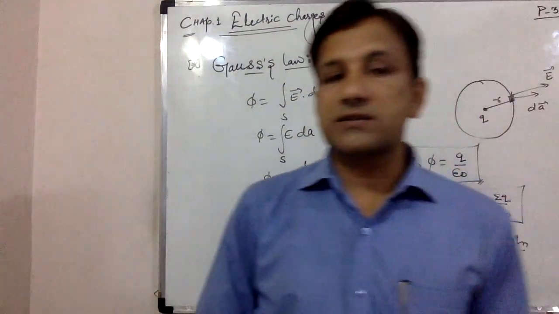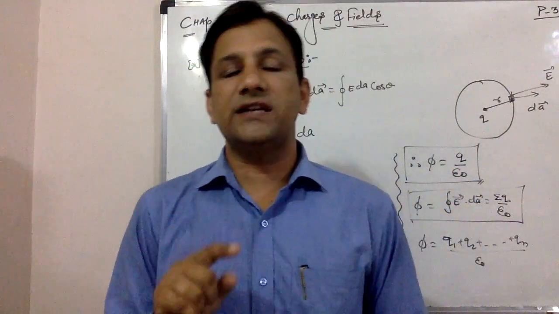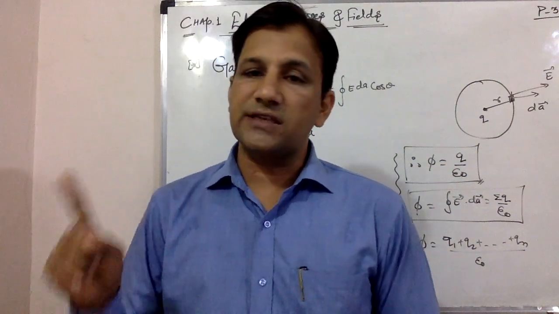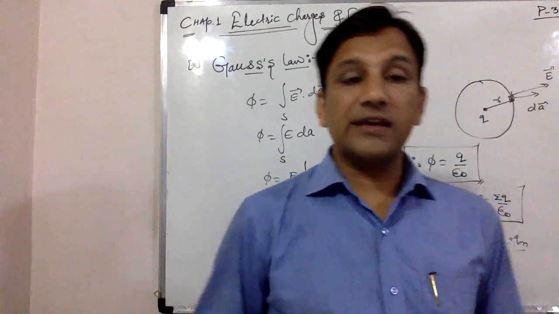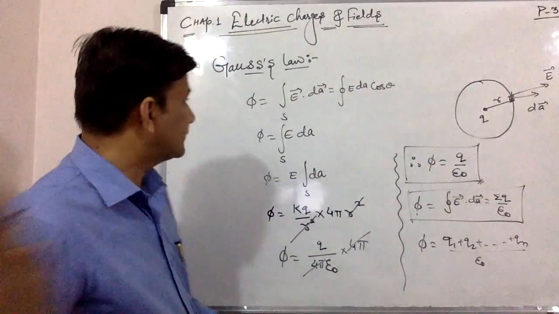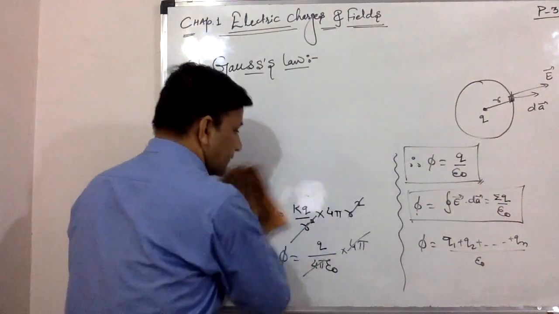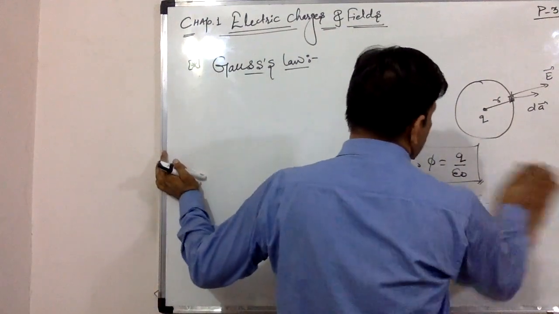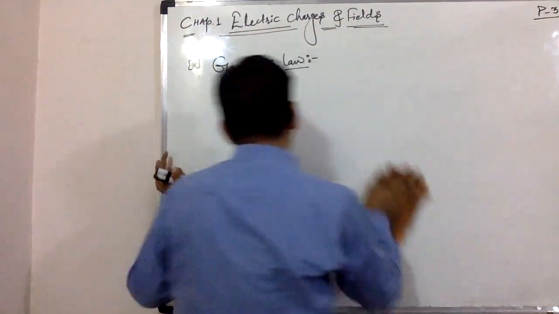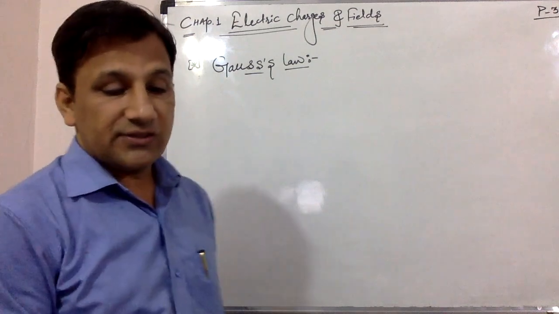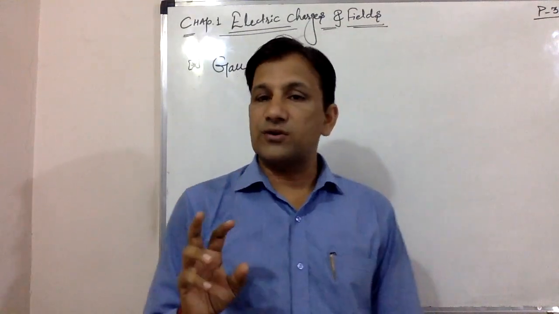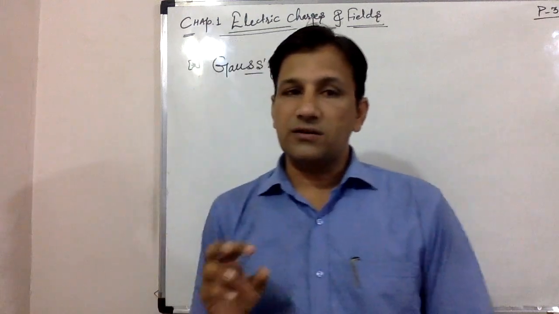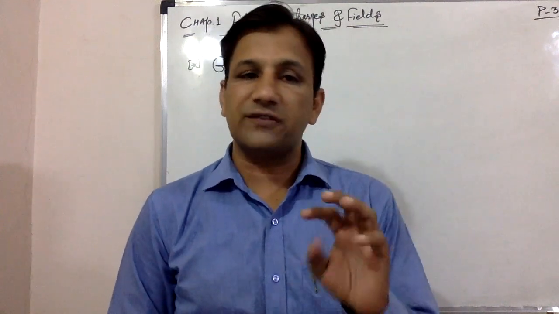Again, what is the Gauss law? Gauss law is phi is equal to closed integration E into dA is equal to sigma q by epsilon 0. The first application of this Gauss law, और एक चीज याद रखना, हम गॉस लॉ के थ्रू जितनी भी एप्लीकेशंस है वी फाइंड द इलेक्ट्रिक फील्ड. बेटा एक चीज याद रखो कि जो भी हम गॉसियन लॉ का यूज करेंगे उस सब में इलेक्ट्रिक फील्ड फाइंड करना.